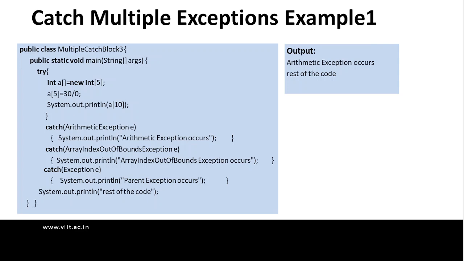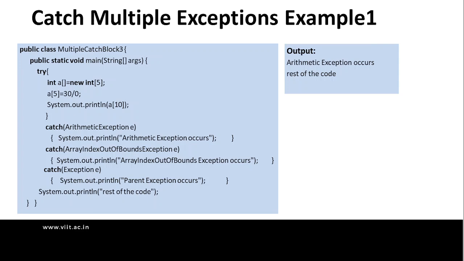Third, System.out.println(a[10]), the 10th location, which is also not available. So there are three exceptions. First is divide by 0, an ArithmeticException, which you can catch.